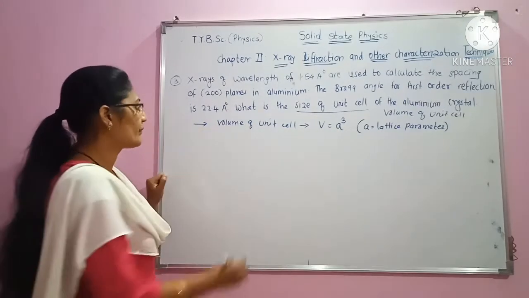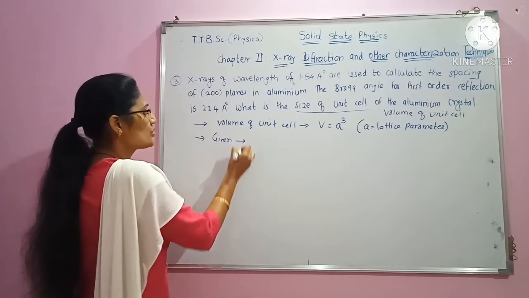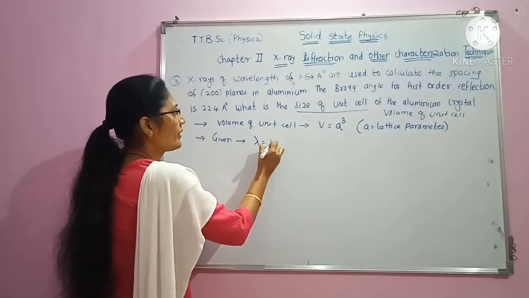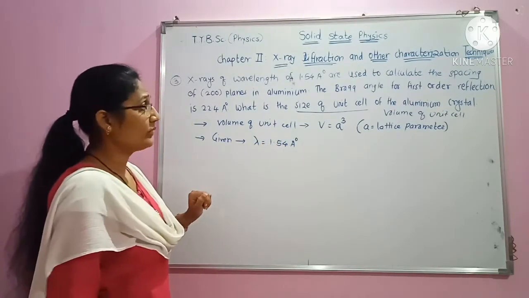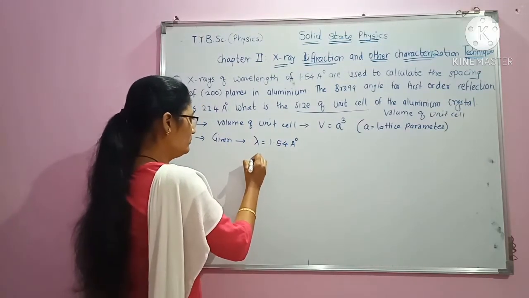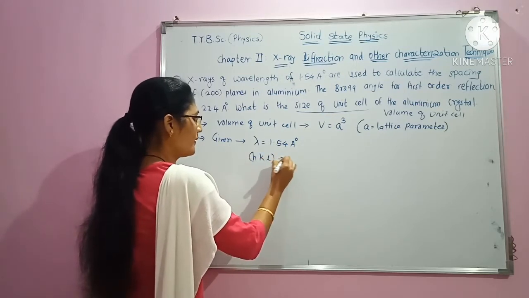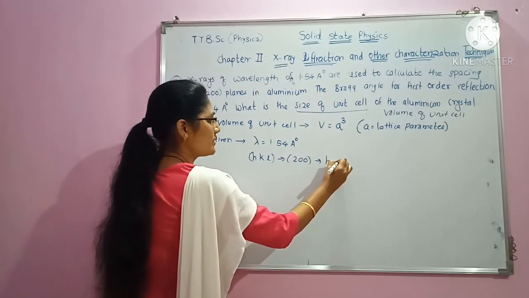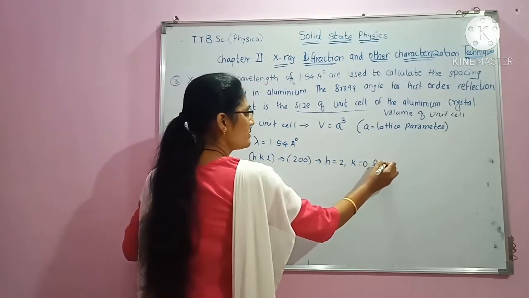So let's write what is given. They have given us the wavelength of the X-ray used, which is 1.54 angstrom. Then they have also provided the reflection from the HKL plane as 200. It means that the h value is 2, the k value is 0, and the l value is 0.